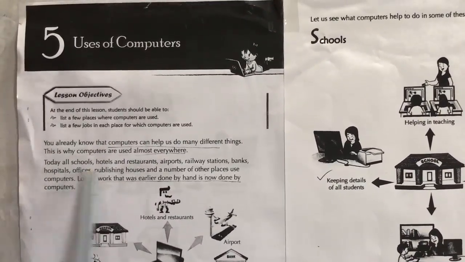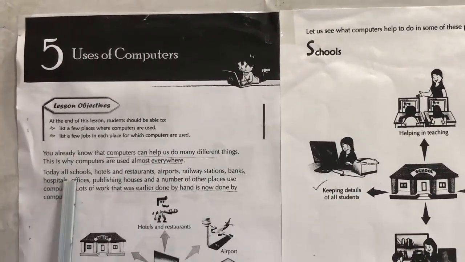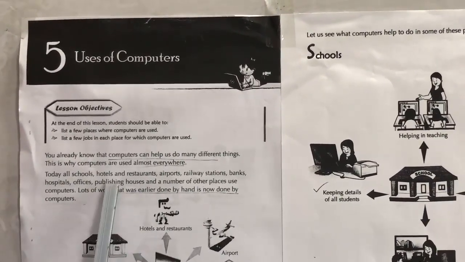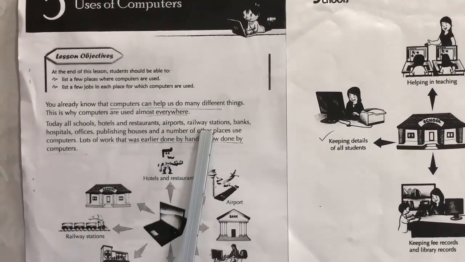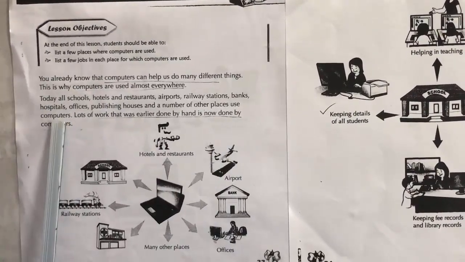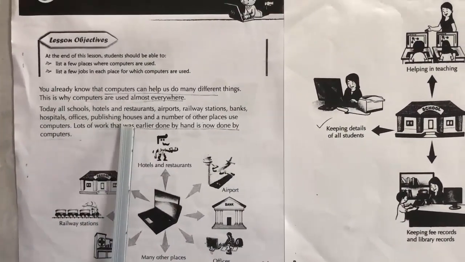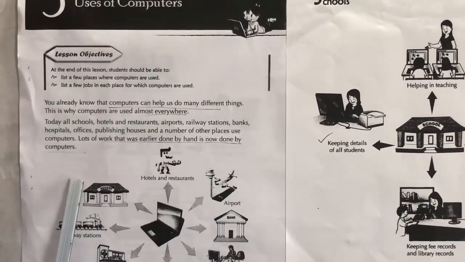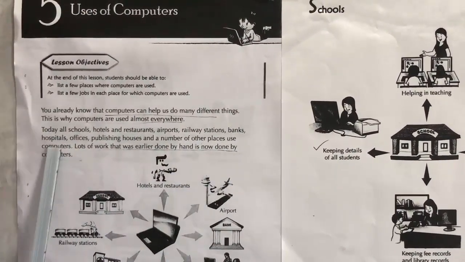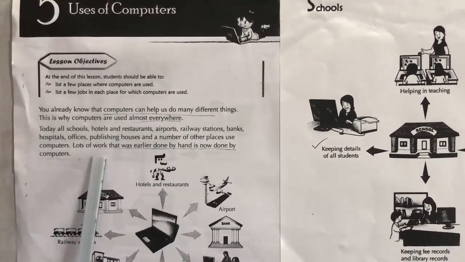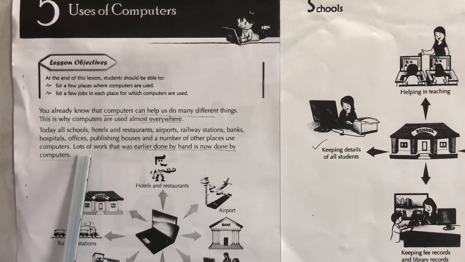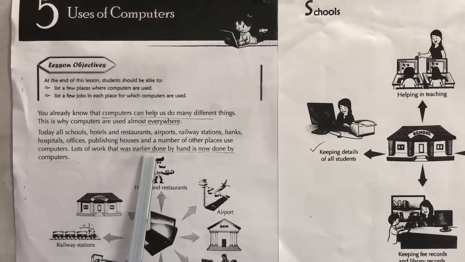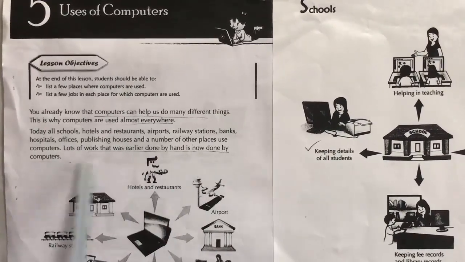So today these are the places. Today all schools, hotels and restaurants, airports, railway stations, banks, hospitals, offices, publishing houses and a number of other places use computer. All kinds of places are using computer nowadays. This line is very important. Lots of work that was earlier done by hand is now done by computer.